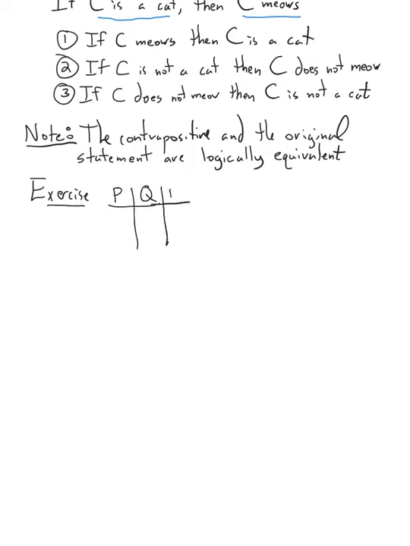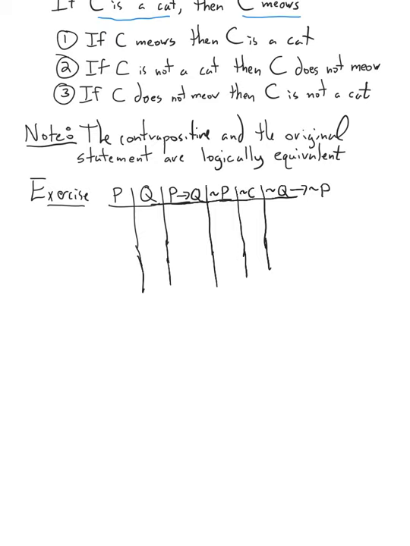We know the truth table for if P then Q. See if you can come up with a truth table for if not Q, then not P. You'll also need a truth table for the negation of P, the negation of Q. They're easy.